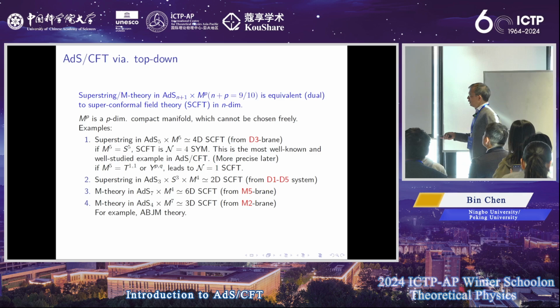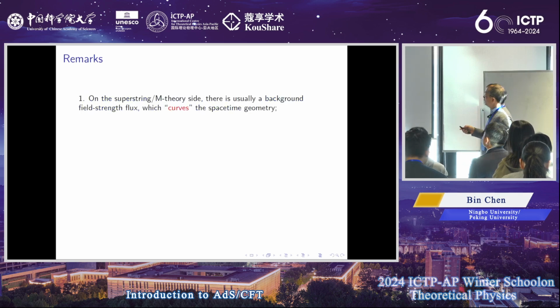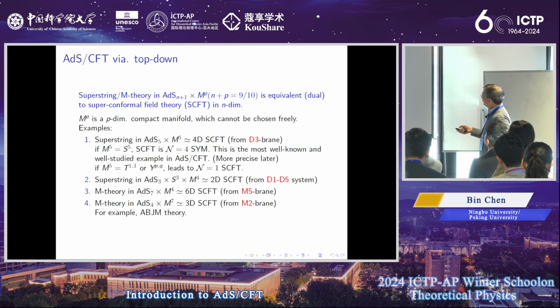Okay, any questions? Let me give a few remarks. I think the example here is not very precise. If you want to give a very precise statement, you will say that on the left-hand side, not only this space-time manifold, you have something more.